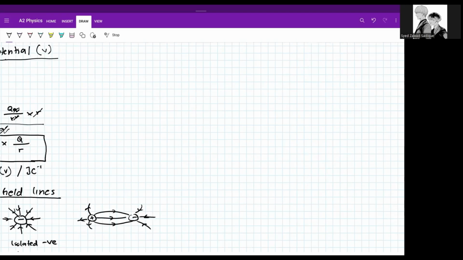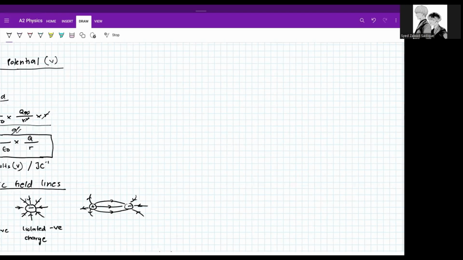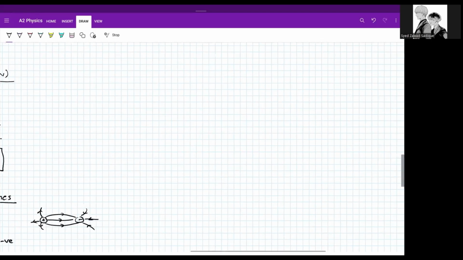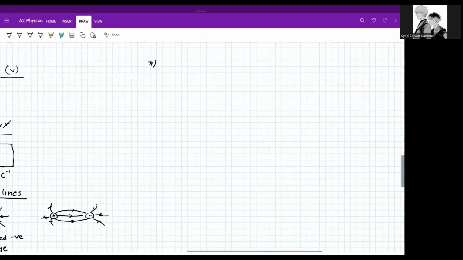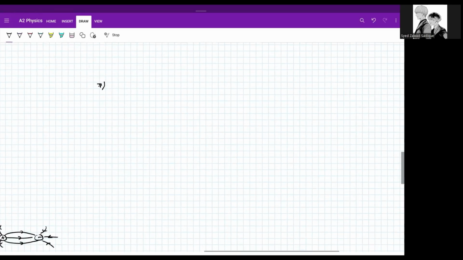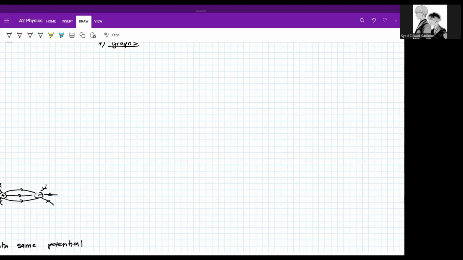Now, okay, so let's say we have a charged metal small solid sphere. Let's say we have a charged metal solid sphere.